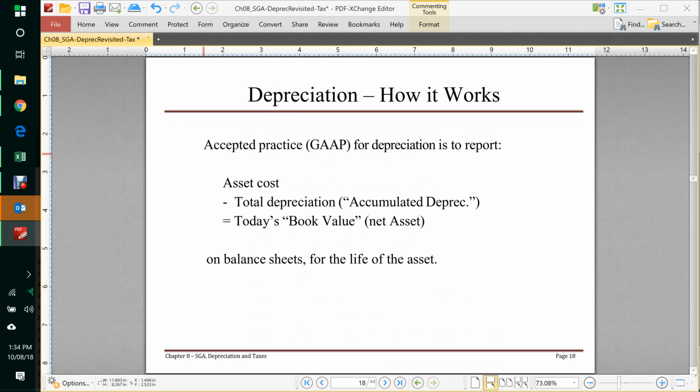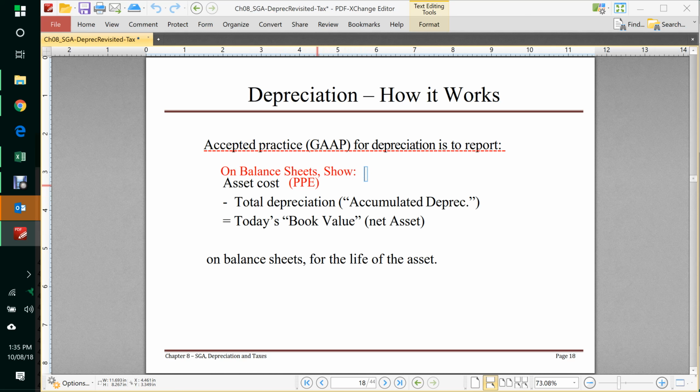Okay, so here is the GAAP method of thinking about PPE and depreciation. What is going to happen with GAAP on the balance sheet is we want to show the assets at cost. Right? So this would be PPE at cost minus total depreciation that we've recorded since we bought this sucker.